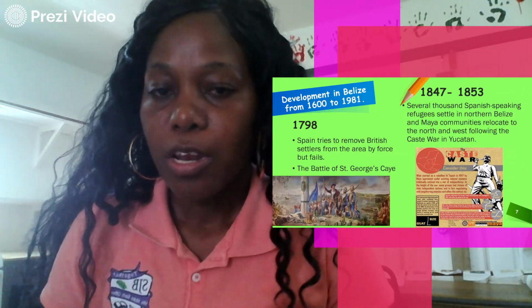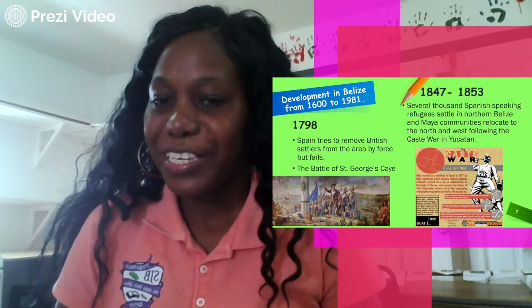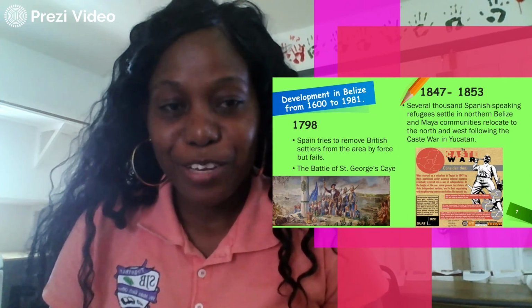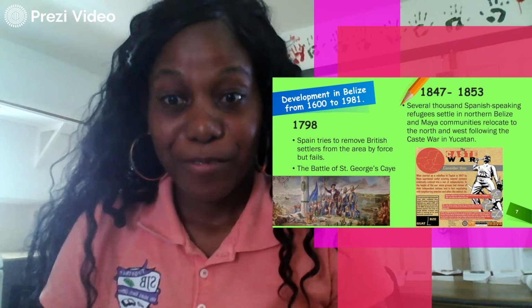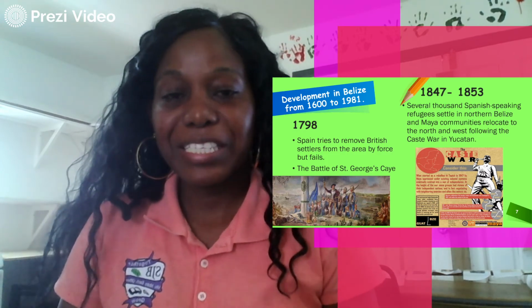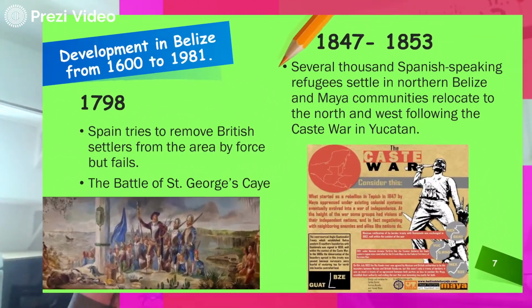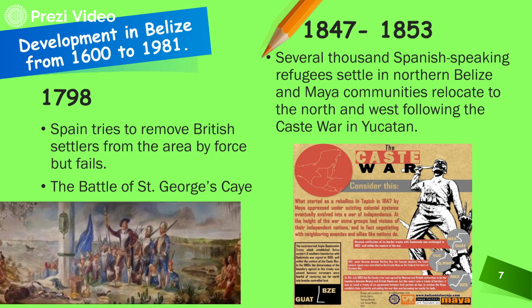So now let's look at 1798, 1847 and 1853. Now 1798, all of us know this. It was the 10th day of September. Oh, very good. You know it. In 1798, that's the Battle of St. George's Caye.